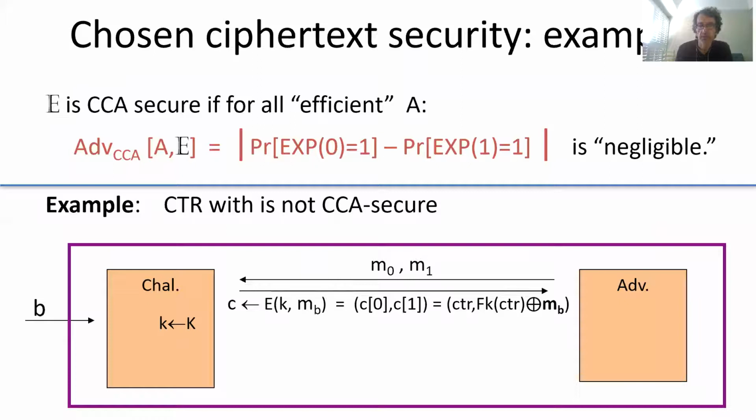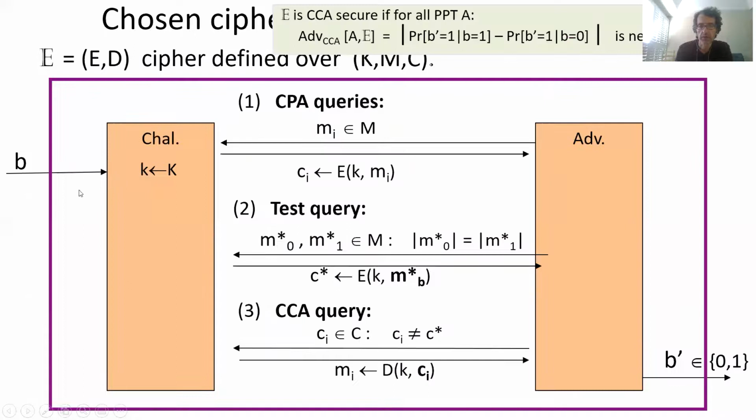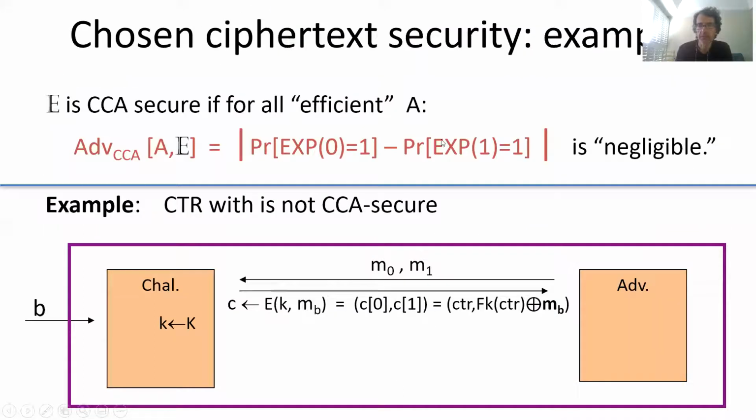So this is the standard thing: the experiment instantiated with this bit B, and the experiment output, which is B prime, when instantiated with bit B equal 1 versus bit B equal 0, these two are indistinguishably close. So this is the same as you've already seen several times.